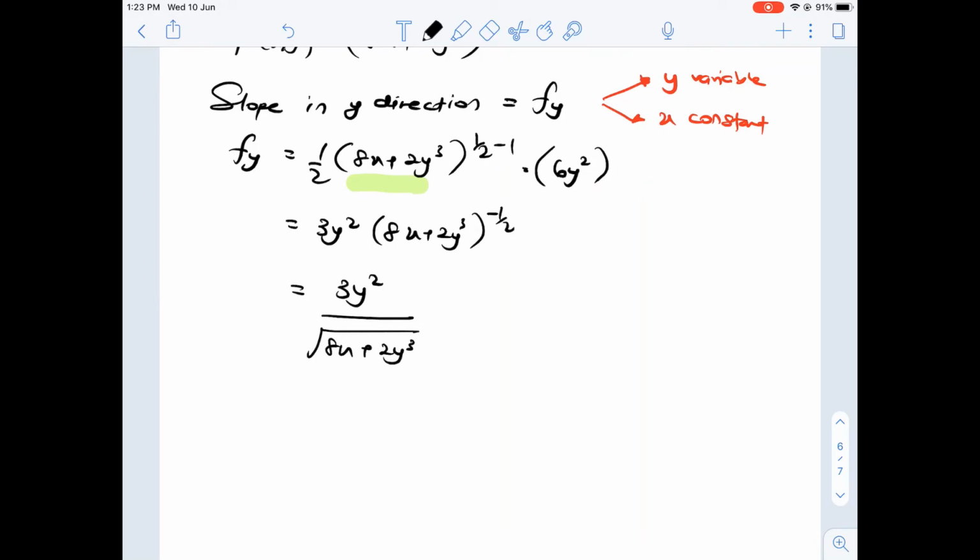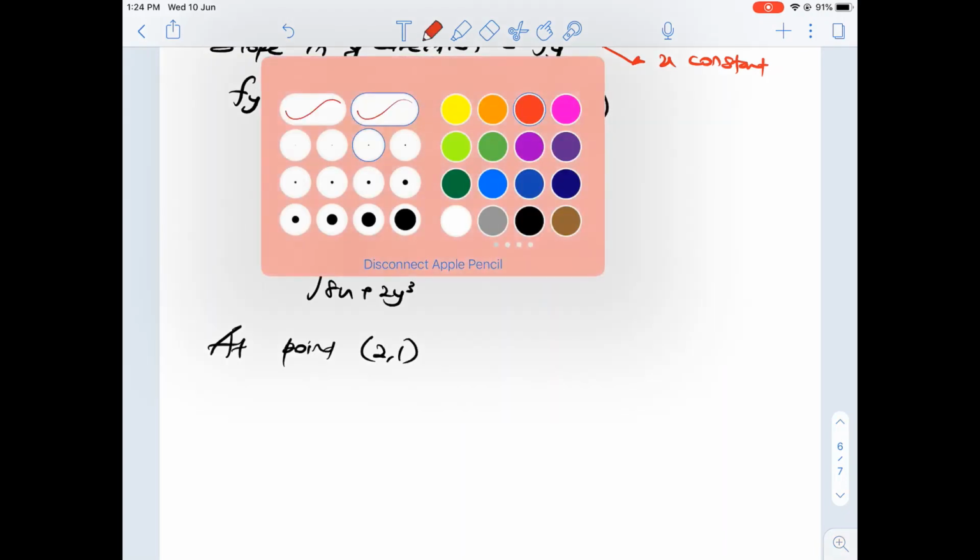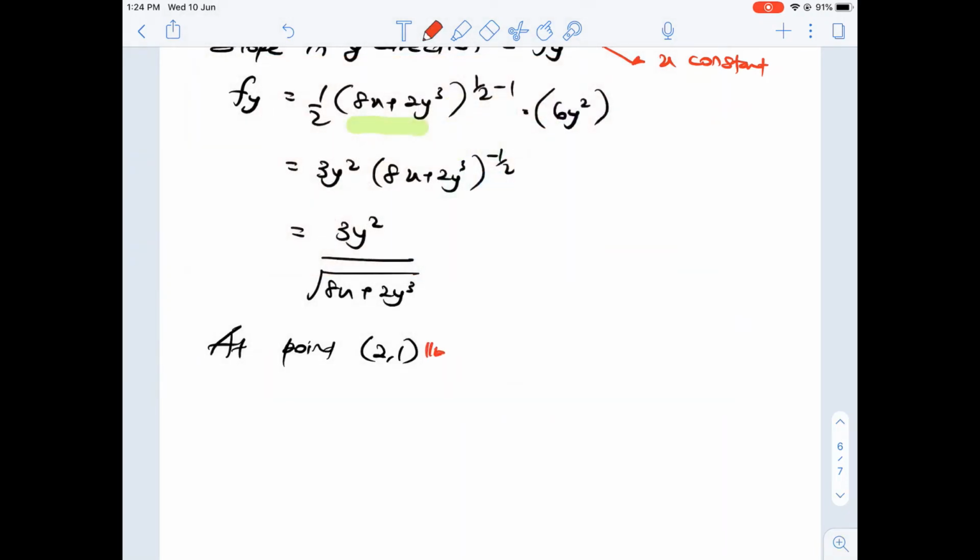We are not finished yet, because it says we need to find the slope at the point 2, 1, coordinate 2, 1. So at the point 2, 1, substitute the values 2, 1 in this.